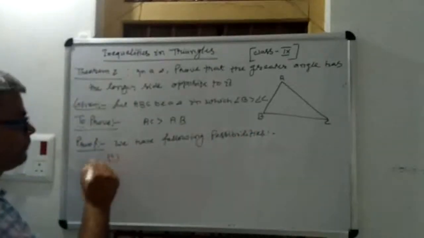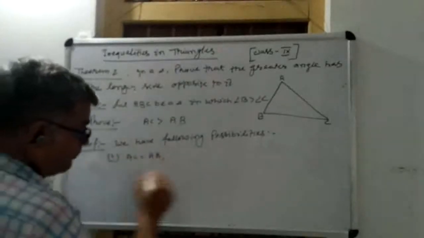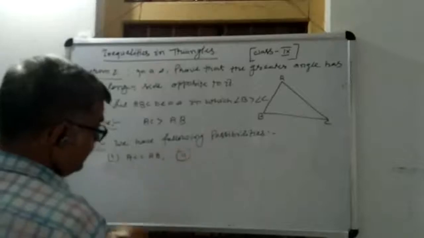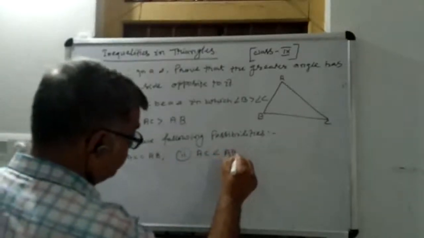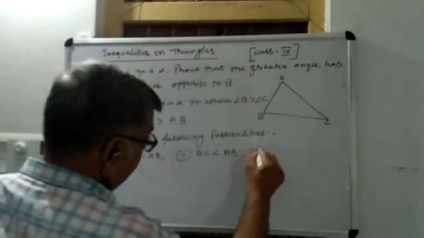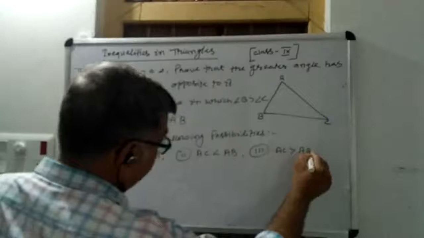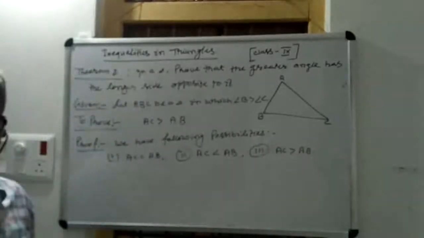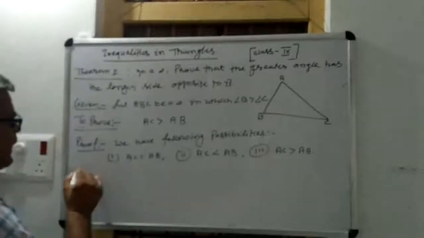Number one, AC equals AB. Number two, AC is smaller than AB. Now three, AC is greater than AB. Now we check each and every possibility one by one. Now see case first.